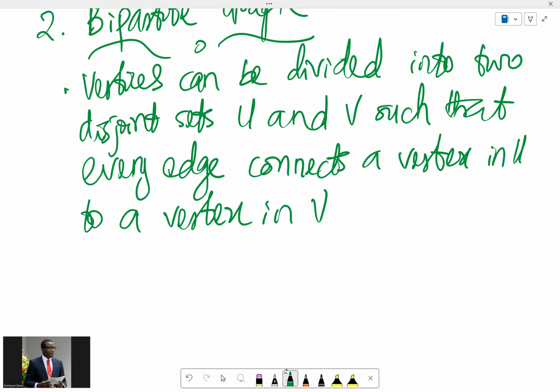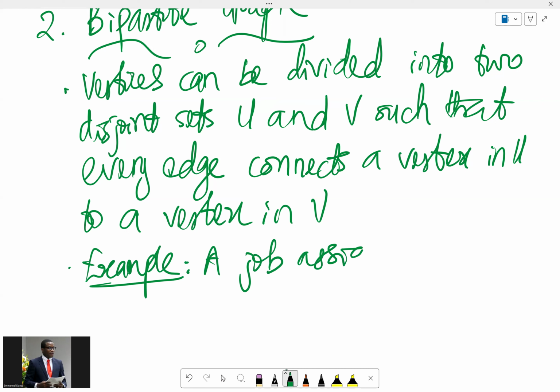So that's vertices can be divided into two disjoint sets, U and V, such that every edge connects a vertex in U to a vertex in V. A very good example of that is a job assignment graph.